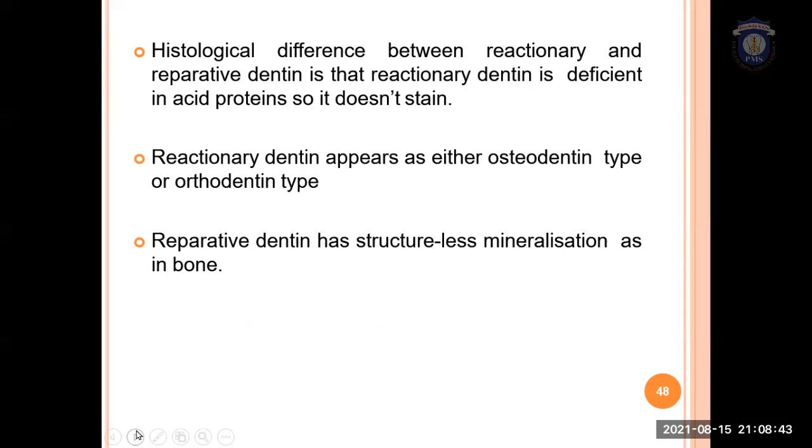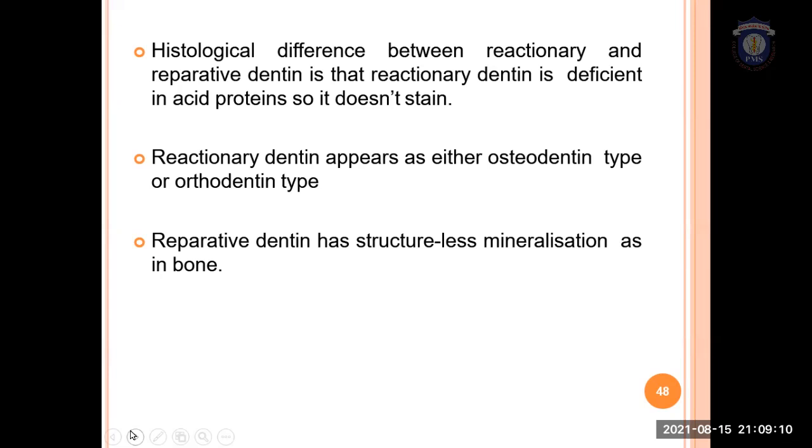So it will cause a deficiency in staining. So the reactionary dentine will not stain as compared to the reparative dentine.